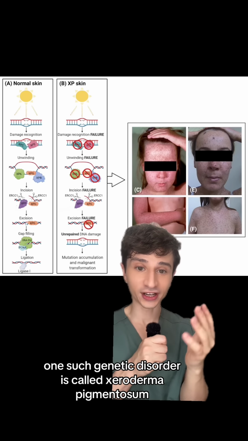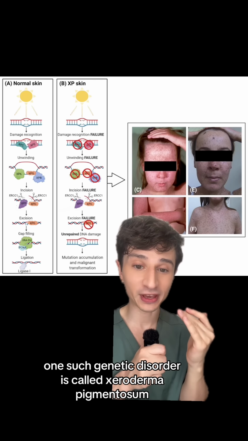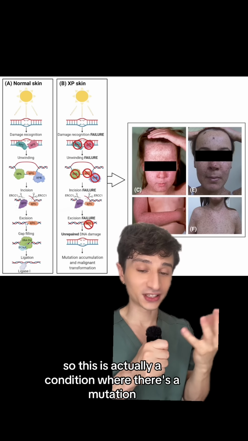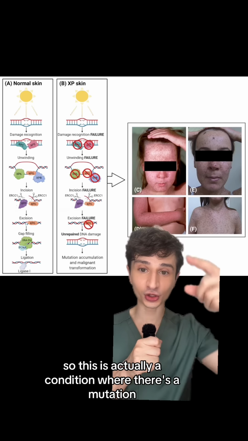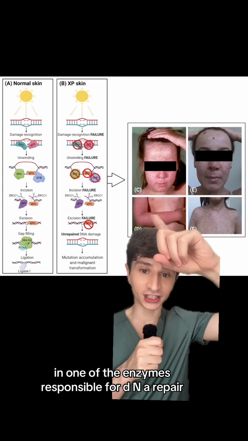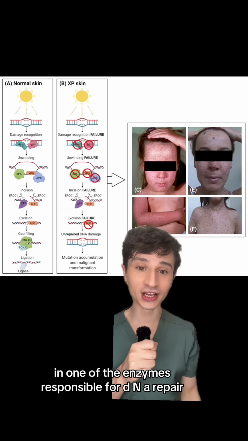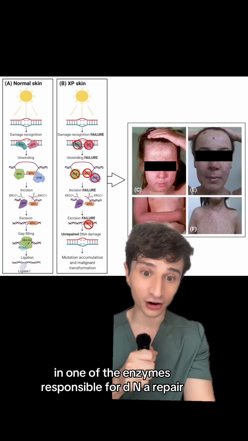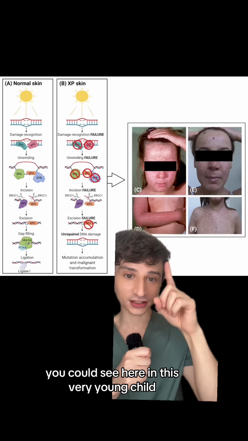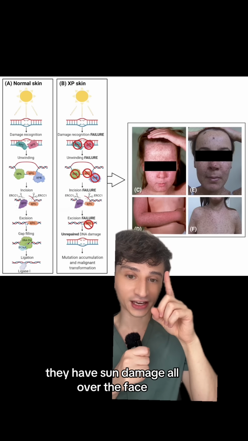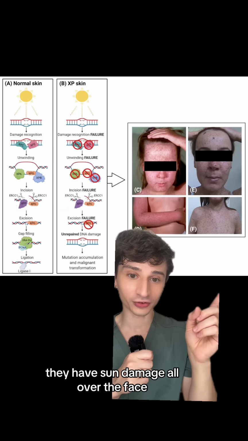One such genetic disorder is called Xeroderma pigmentosum. This is actually a condition where there's a mutation in one of the enzymes responsible for DNA repair. You could see here in this very young child, they have sun damage all over the face.